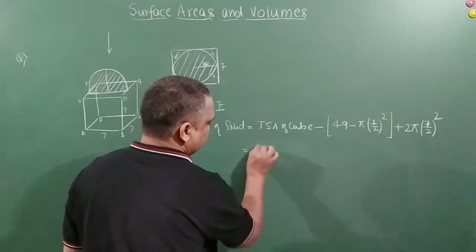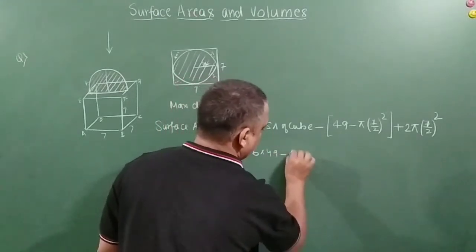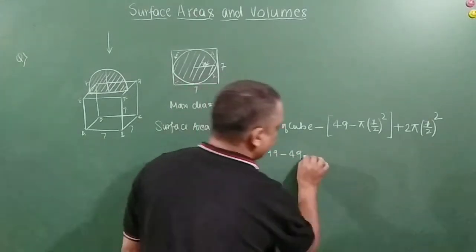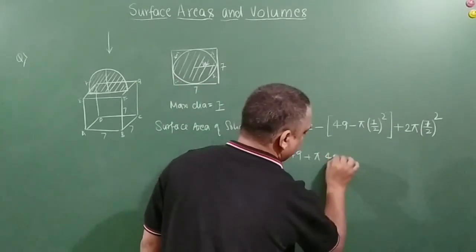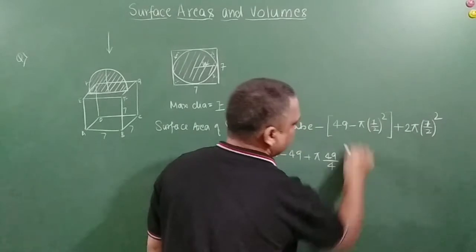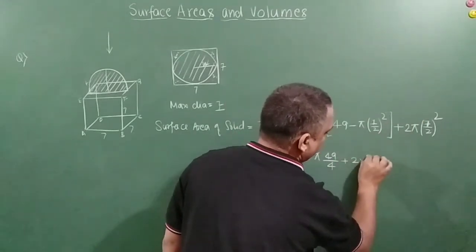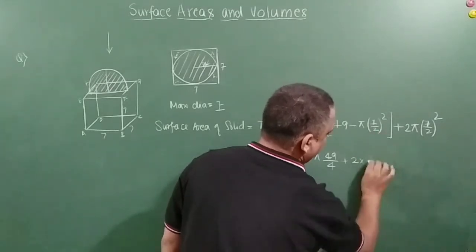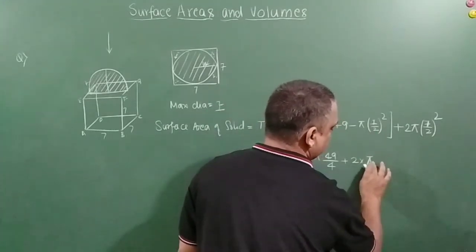So this becomes 6 into 49 minus 49 plus pi into 49 by 4. I have squared it, plus 2 into, let pi be in the form of pi only. Let's not expand it.